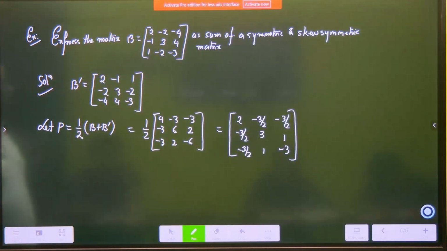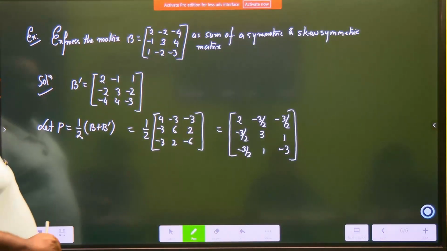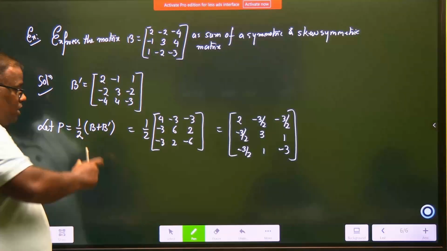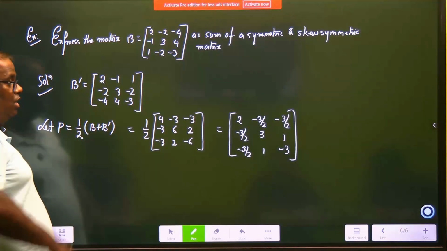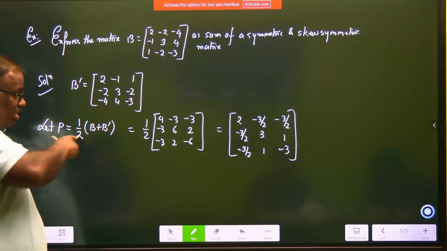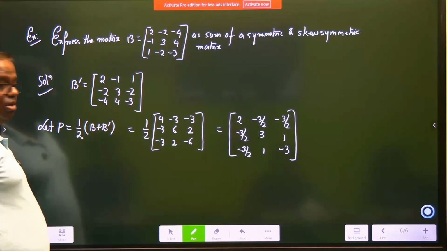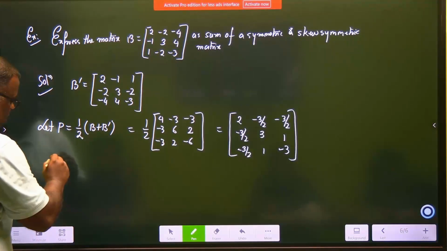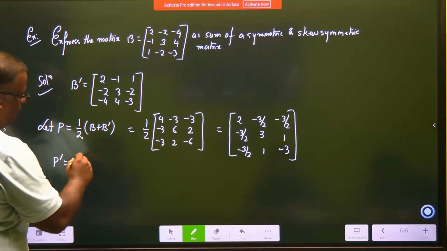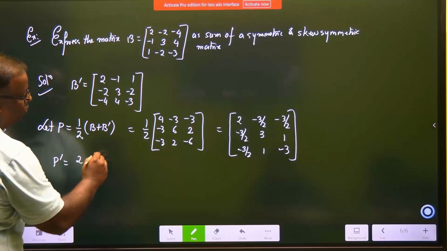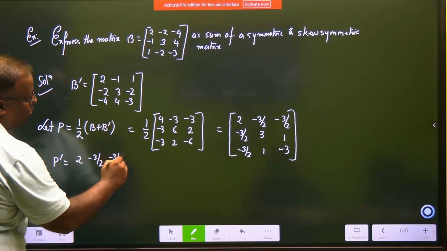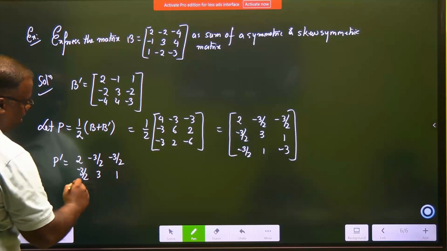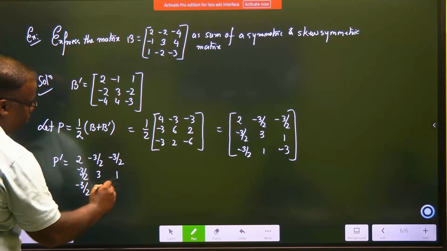Children, I hope you're with me. I have to show this as a sum of symmetric and skew symmetric. First, I'm trying to form a symmetric matrix. So I got P something like this. Now, is this symmetric or not? How will you get to know? You check P complement. So if I check P complement now, I get 2, negative 3 by 2, negative 3 by 2, negative 3 by 2, 3, 1, negative 3 by 2, 1, negative 3.